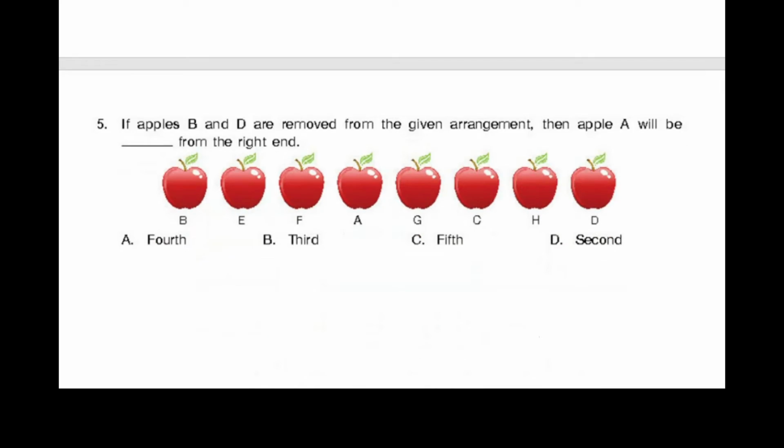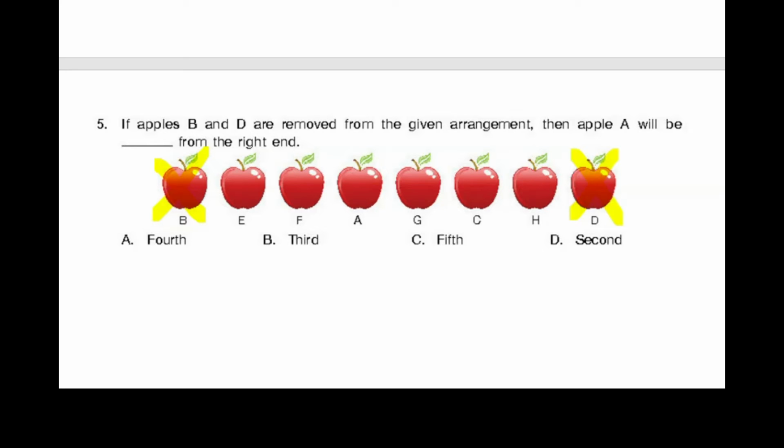Now let's switch to the next question, that is question number 5. If apples B and D are removed from the picture, what we need to do is remove B and D. We have removed B and D. Now, from the given arrangement, where will apple A be from the right end?